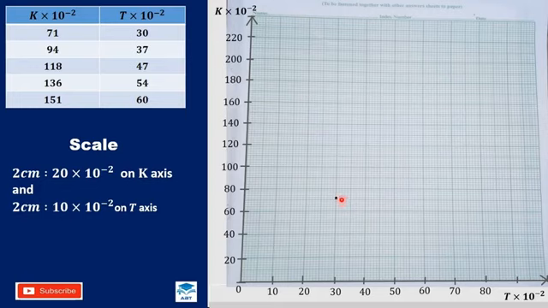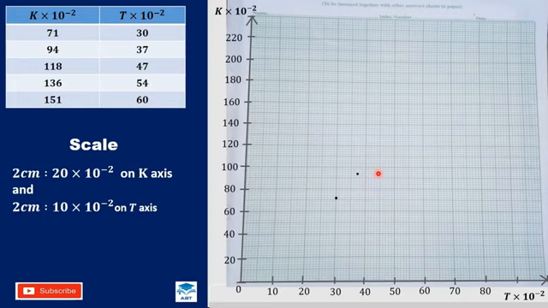For the next point, we have 94 and 37. This is 30, we count 7 boxes. And for 94, between 80 and 100, we have 90, and for 4, we move 2 boxes. So we put the point here.